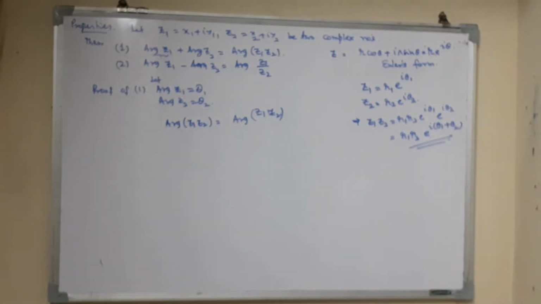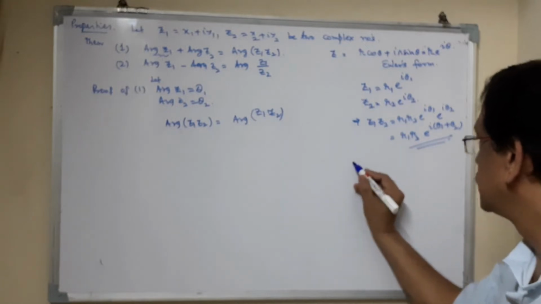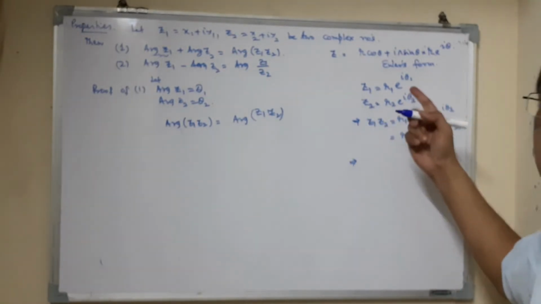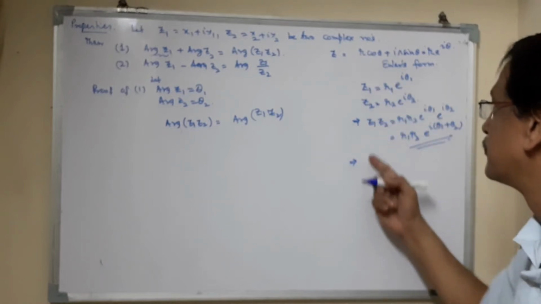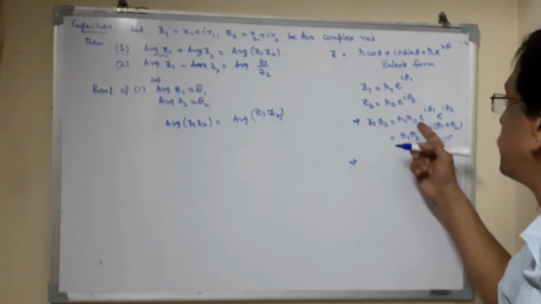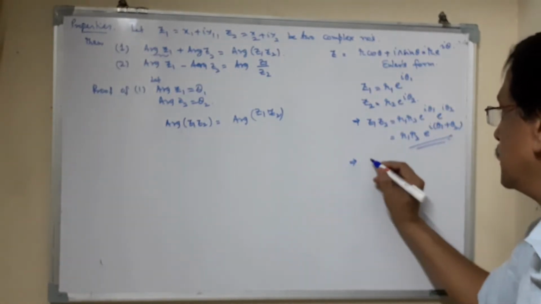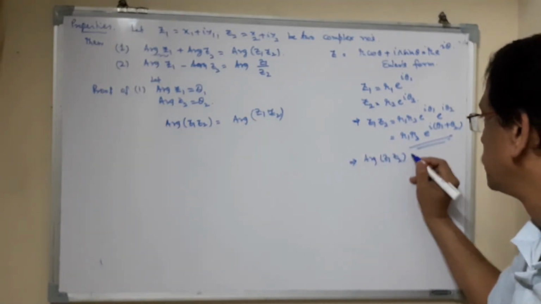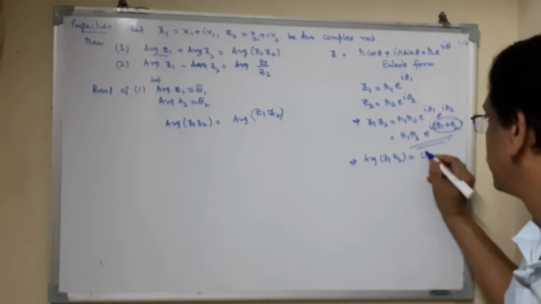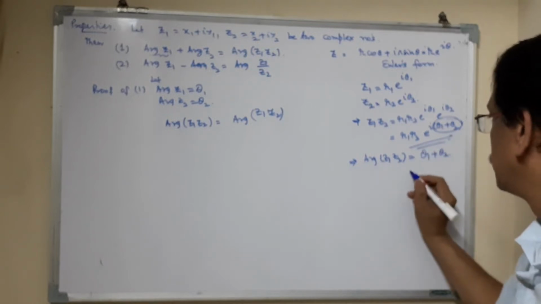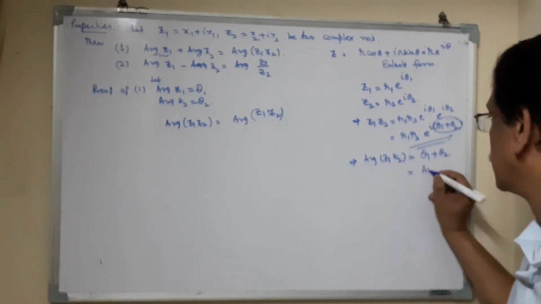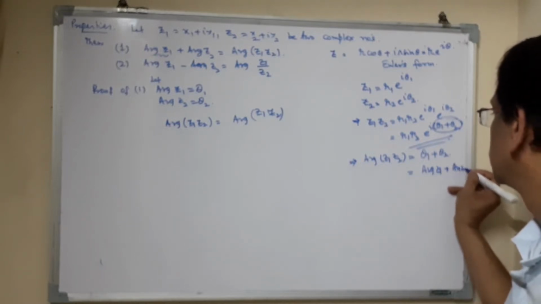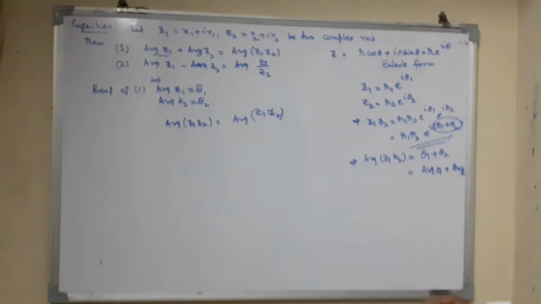Let me explain this again. Z1 is R1 e power i theta 1, Z2 is R2 e power i theta 2. So Z1 Z2 is R1 R2 e power i into theta 1 plus theta 2. So what is the argument of Z1 Z2? Argument means angle. The angle is theta 1 plus theta 2. What is theta 1? Arg Z1. What is arg Z2? This is theta 2.